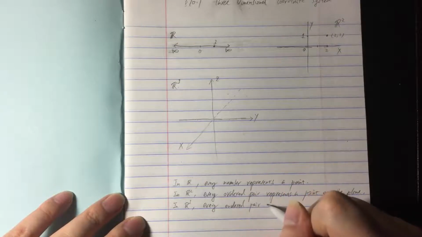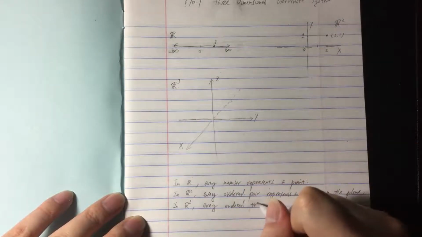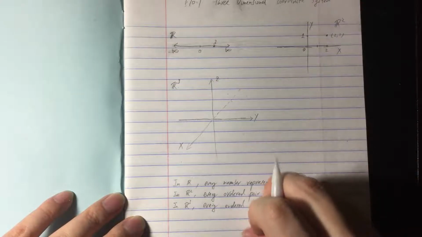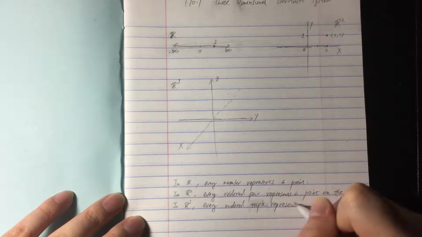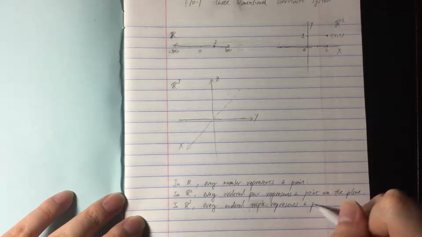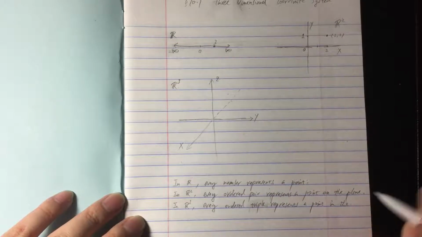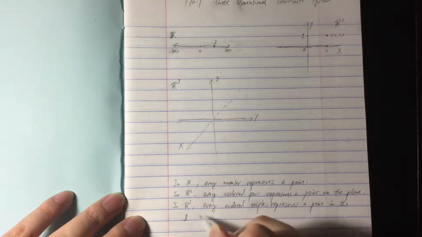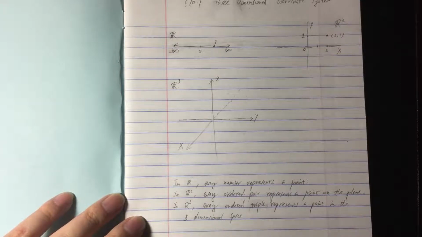Every ordered triple represents a point in three-dimensional space.